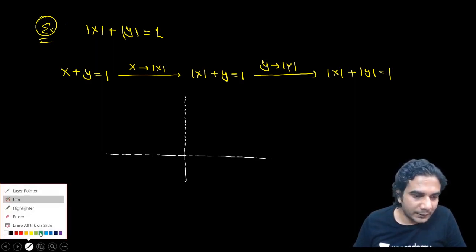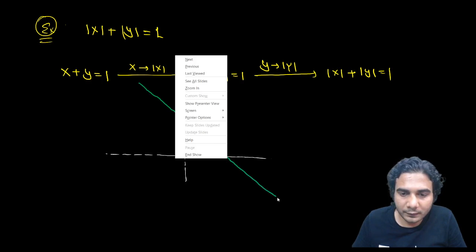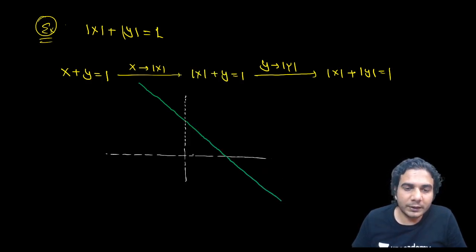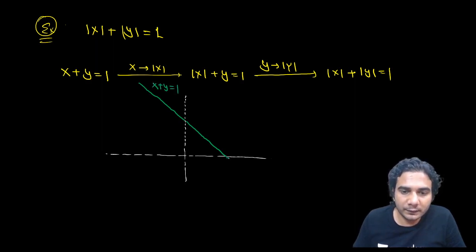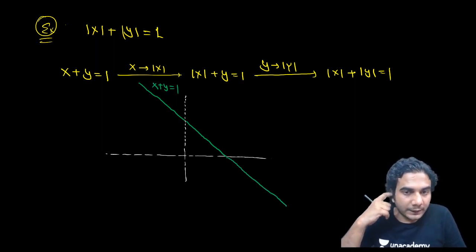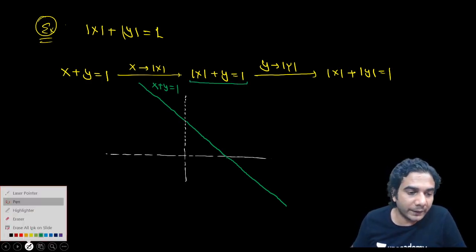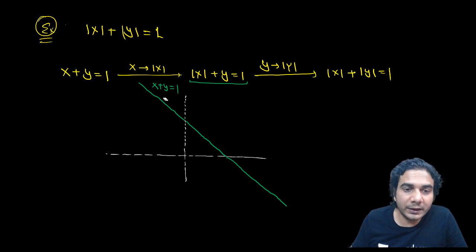So first you need to plot this line, x plus y is equal to 1. Now after the first transformation, when you replace x by mod of x, you need to remove the portion which lies on the left side of the y-axis.